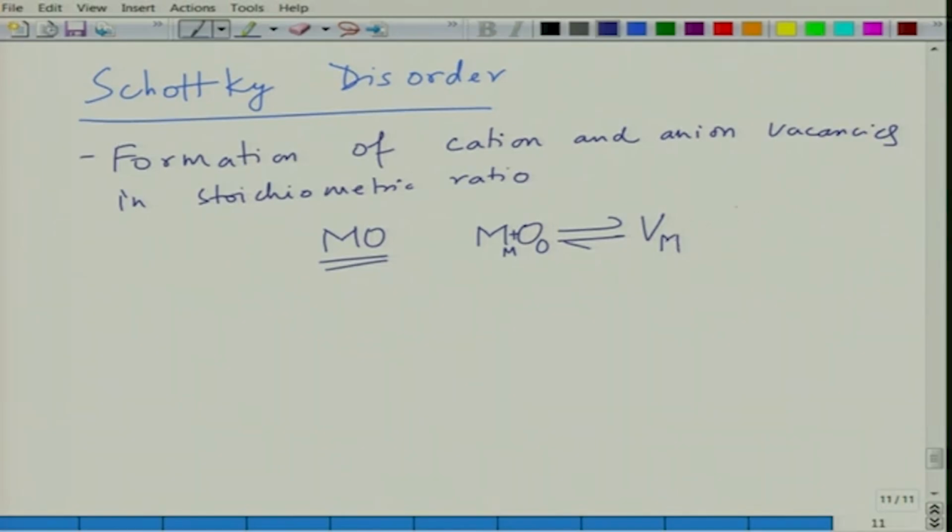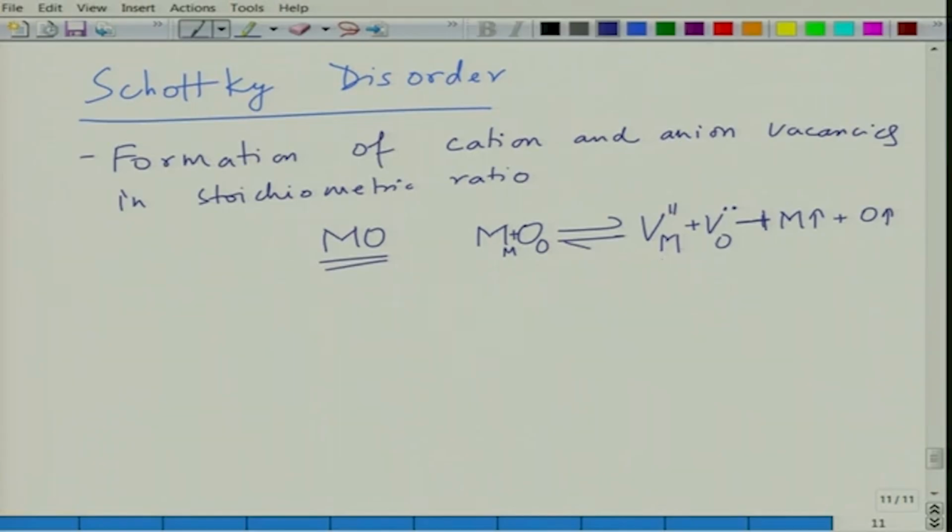So, M goes out and O goes out. They create vacancies at the oxygen and metal sites, VO and VM, and these vacancies will be negatively and positively charged respectively.